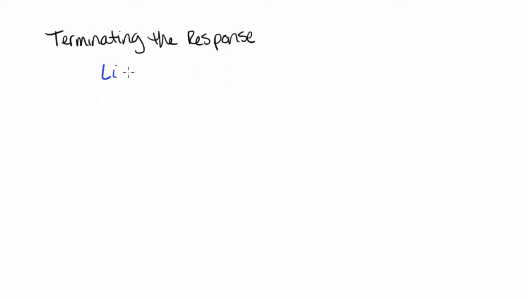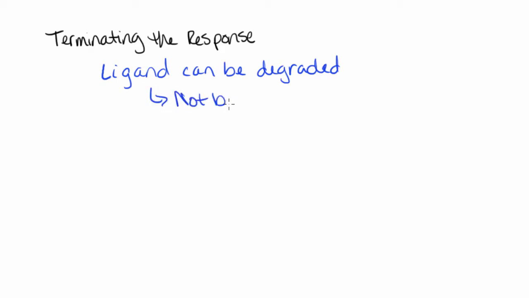One approach that can be used is that the ligand can be degraded. The ligands typically are pretty small molecules, so since they are small molecules, they're easy to produce and then just take them apart when we are done with them. So if the ligand is degraded, what that means is that it will not be binding the receptor anymore.